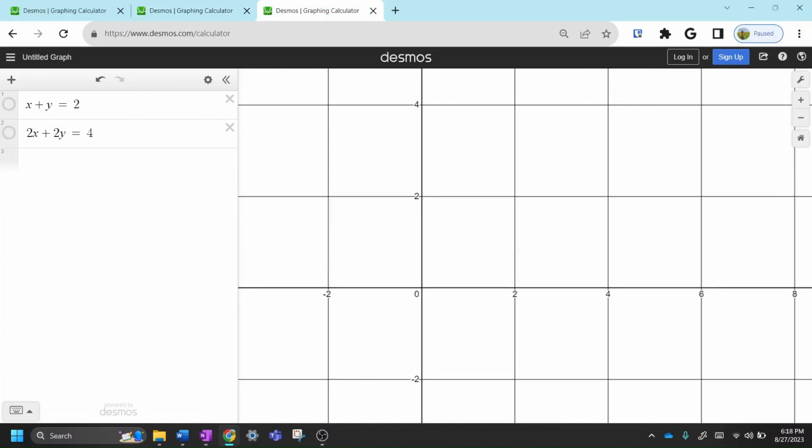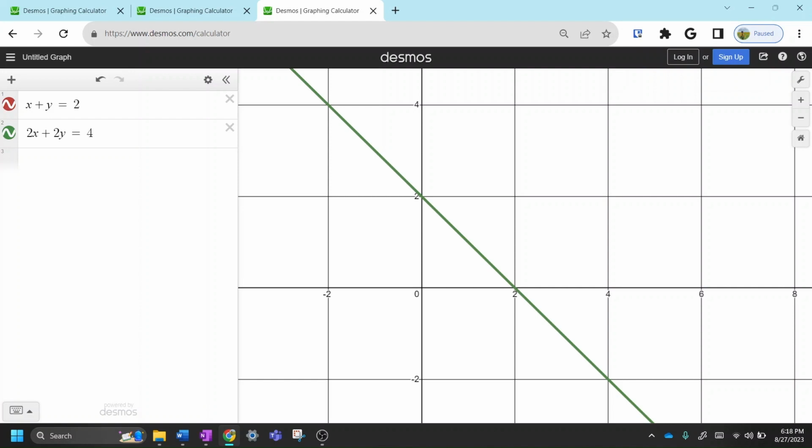Alright, so here we have x plus y is equal to 2. And let's now graph 2x plus 2y is equal to 4. Now, did we catch the color change? X plus y is equal to 2 was the red line, and then when I asked it to graph 2x plus 2y equals 4, our red line changed to green.